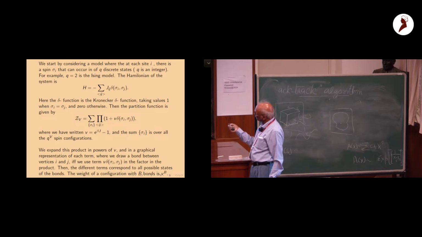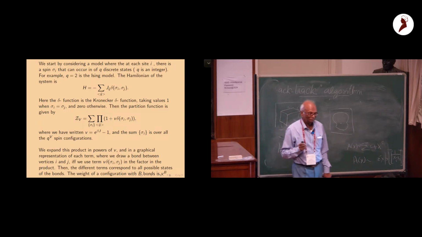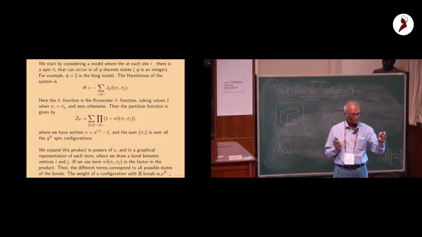So now if you expand this product in powers of v and make a graphical representation of each term, you draw a bond if the vij term is written, and don't draw a bond if 1 is written in the product term.